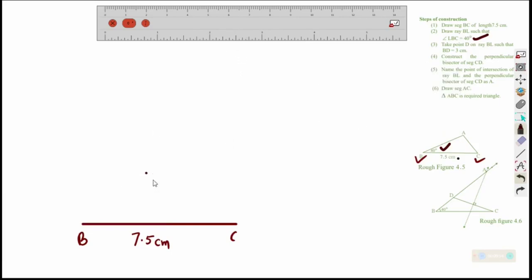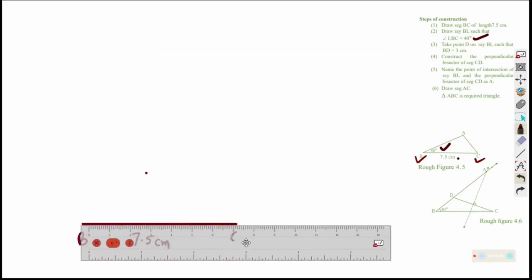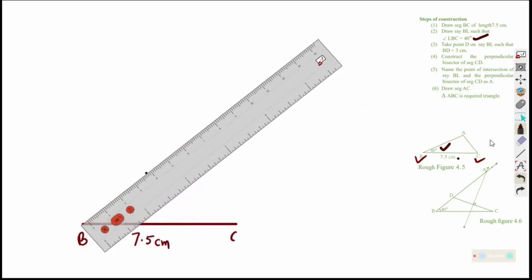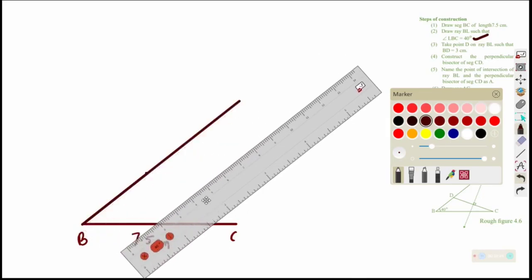We will remove protractor and will bring our ruler back. Okay, and I need to draw that side which is marked as 40 degree angle, which is important in the construction. Okay, so 40 degree angle is constructed.